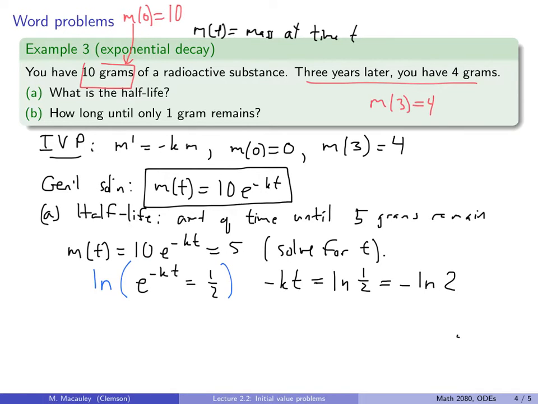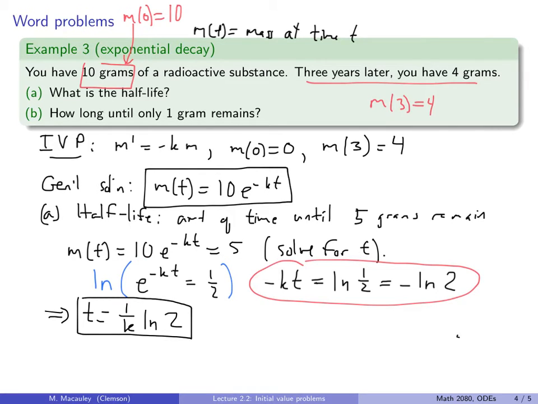So solve for t in this, and we get that t equals 1 over k times natural log of 2.